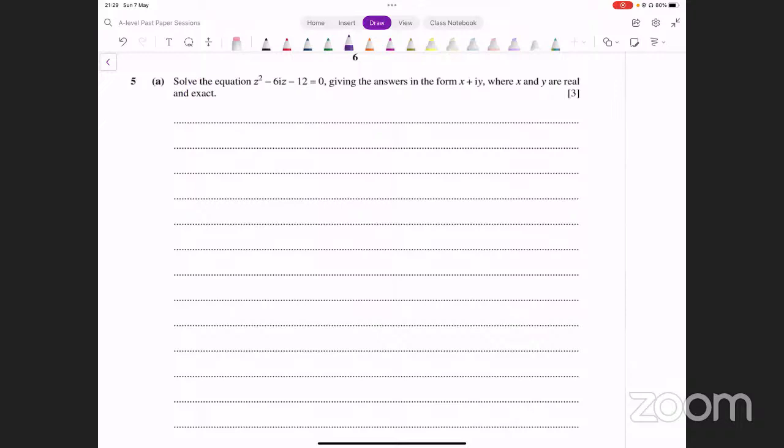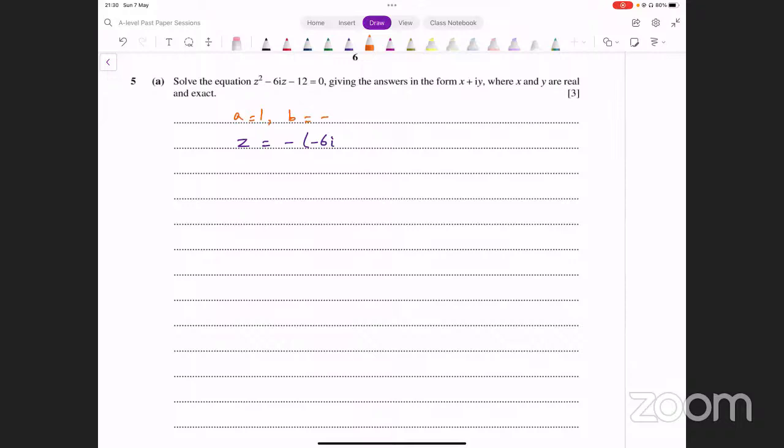It's a quadratic equation. So all you have to do is just input values in the quadratic formula and that's it. But make sure that you show working for that. So it becomes z equals minus into minus 6i. Let me actually write down the values of a, b, and c here for clarity. A is 1, right?